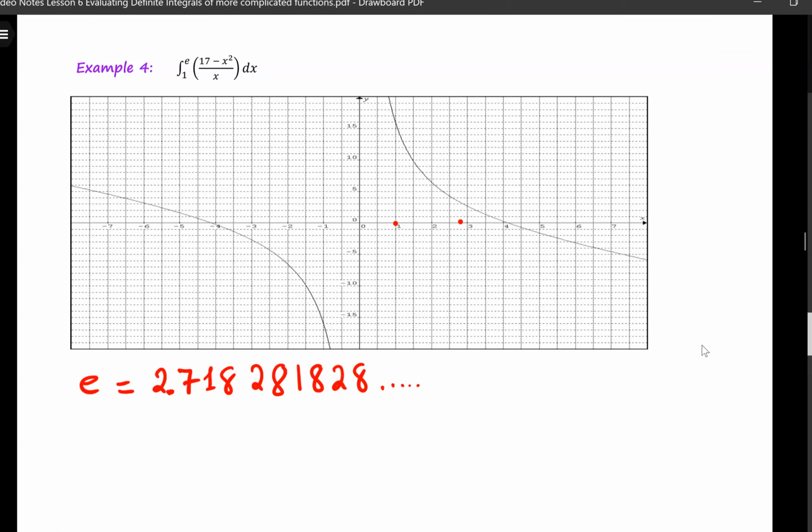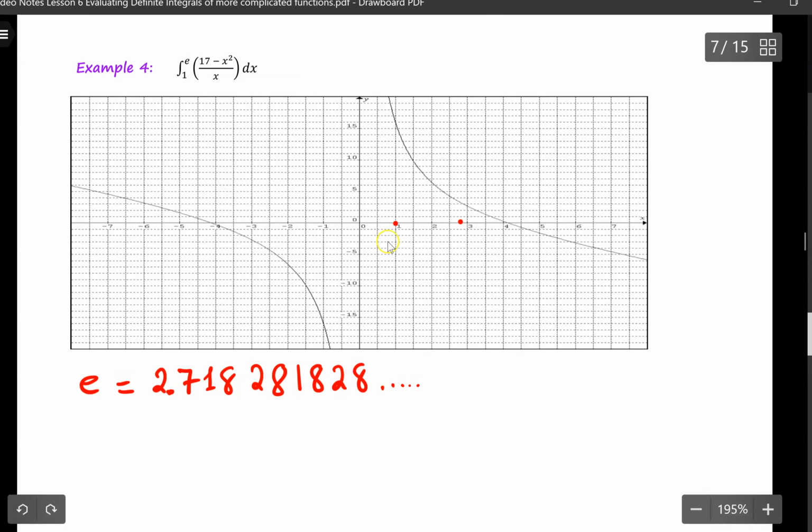It is a very important number in terms of electrical and electronic engineering. I thought I would go over this example because it also involves the integral of a natural logarithm. And natural logarithm has something to do with the number e, right?